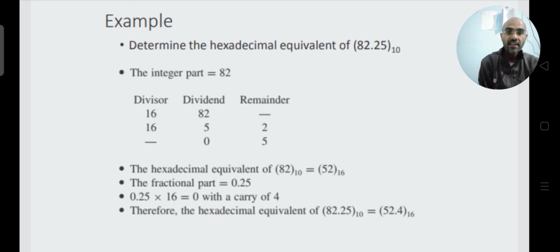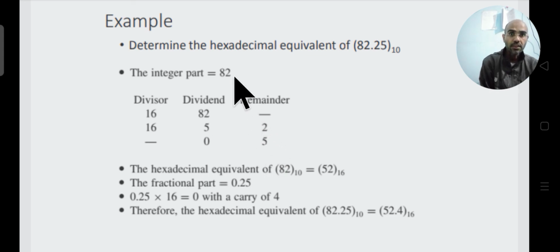So dividing 82 by 16 gives us 2 as the remainder and the new quotient as 5, because 16 fives are 80. Now, as 5 is less than 16, we stop dividing and this 5 will be noted down here.